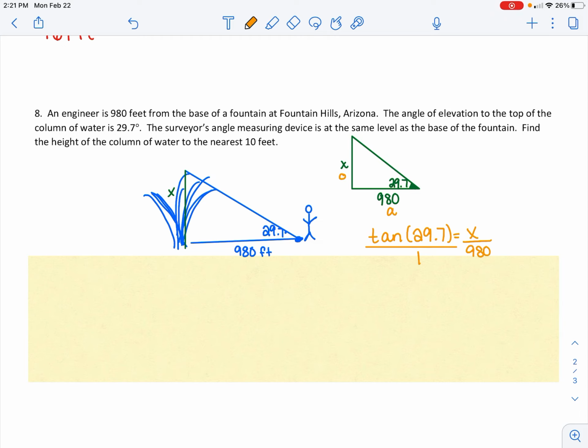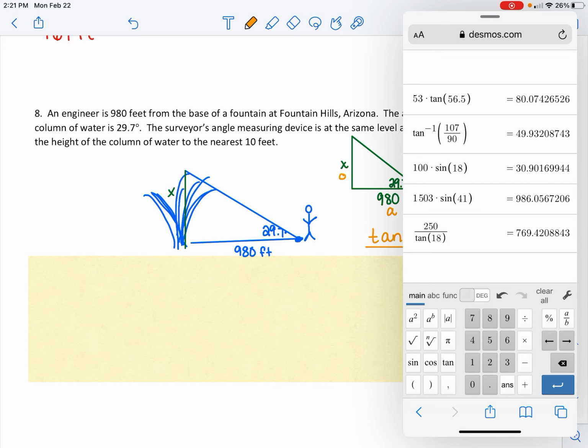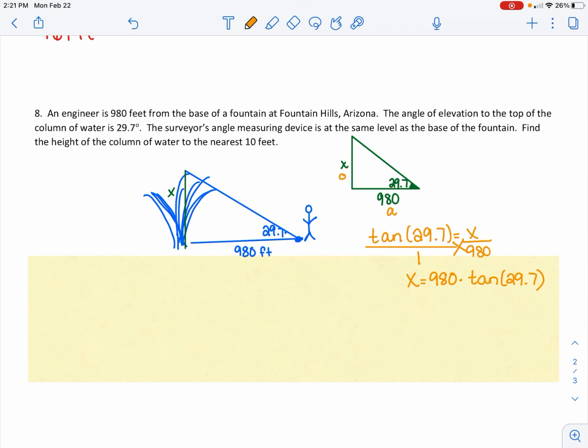Okay, and we're going to go ahead and cross multiply. So X times 1 gives me X, and then I'm going to take 980 and multiply it by the tangent of 29.7. We get 980 times the tangent of 29.7, and that gives us 558.9.